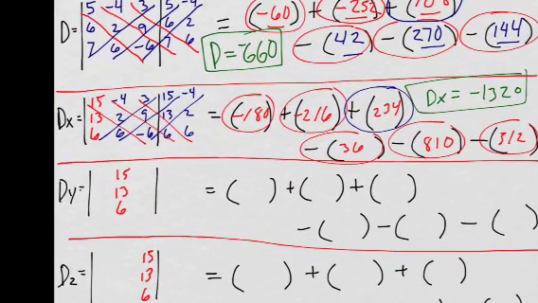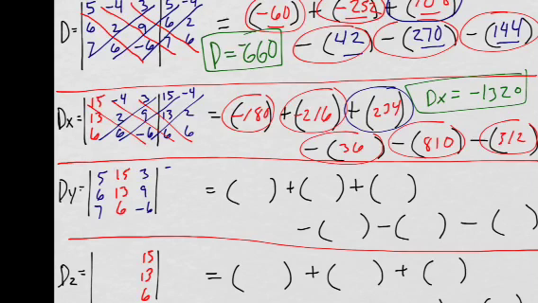So for dy, I'm going to plug in the original numbers from my original matrix, the 5, 6, 7 in the first column. Replace that middle column where the y coefficients were with that 15, 13, and 6 from the answers. We've got the third column is still 3, 9, and negative 6.